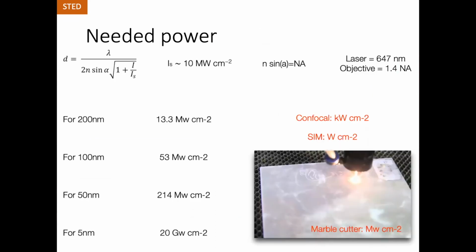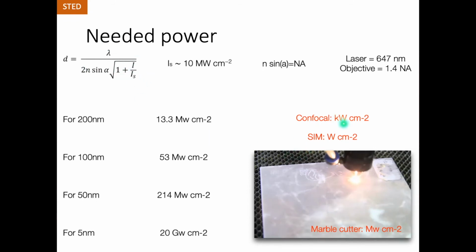So the power you need in this case, so this is again the equation, is the intensity of the saturating beam of the depletion donut. So we have, this is the wavelength of the light, this is the numerical aperture. So all the other factors are fixed. We can only play with this saturation beam.